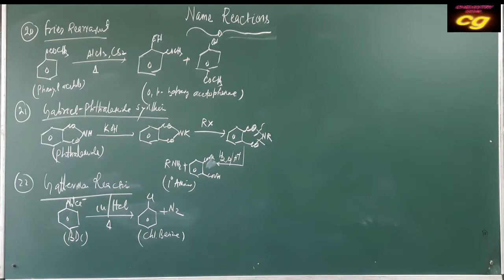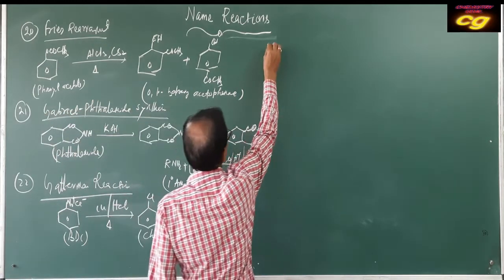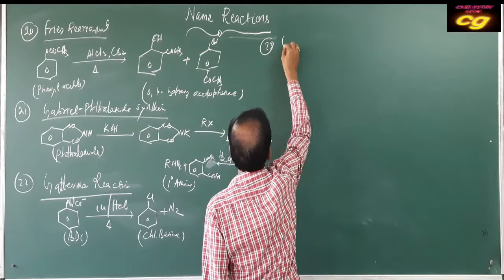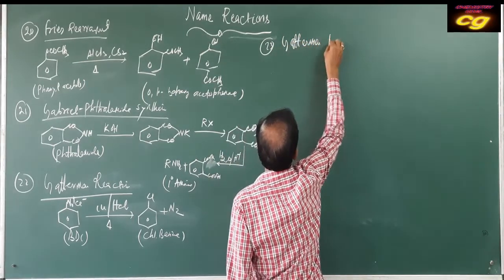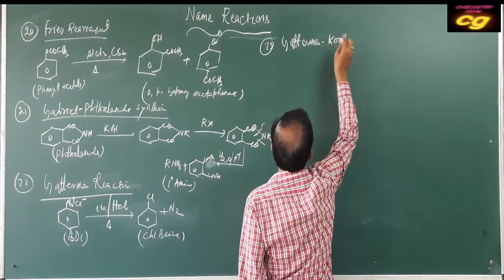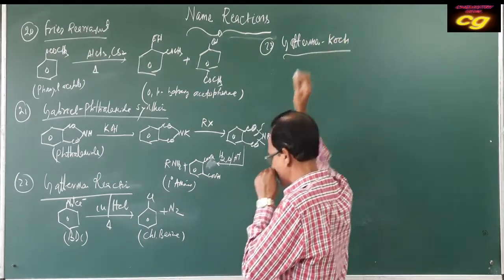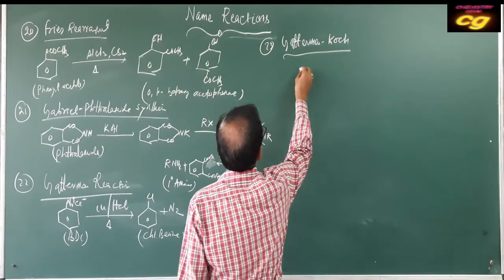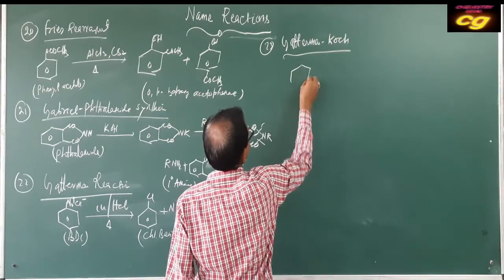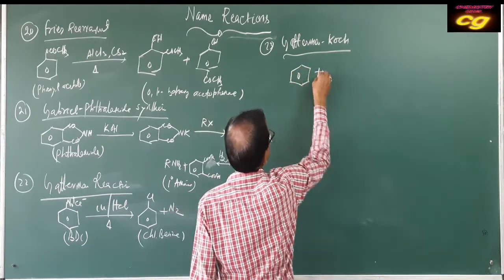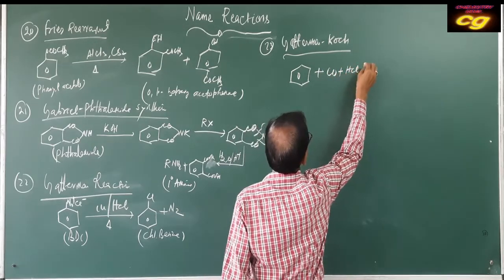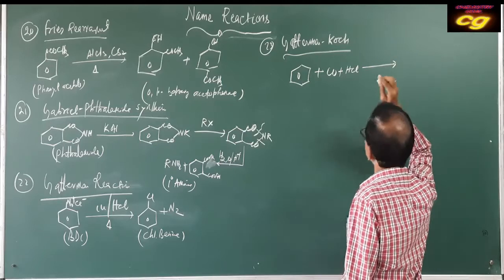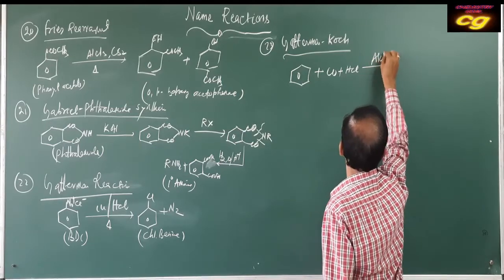Then Gattermann-Koch reaction. Here in the Gattermann-Koch reaction, generally benzene or any aromatic compound is treated with carbon monoxide and HCl in presence of aluminum chloride.